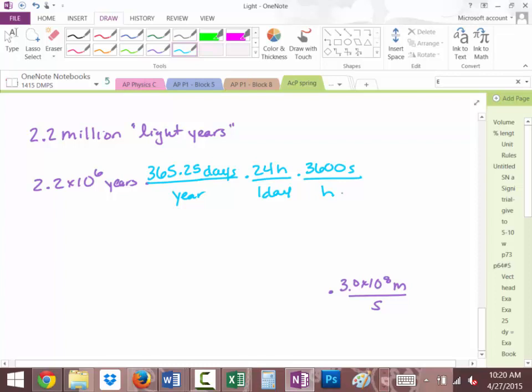There we go. Is that okay so far? So that's going to tell us how many seconds it has taken for that light to get there. Okay? So do that. And it's going to be a big number, I think, yes? So figure out that number if you haven't done so already.